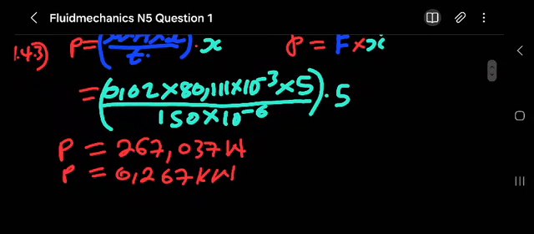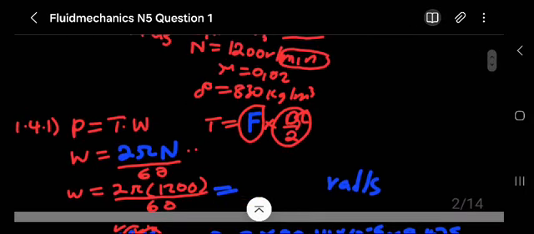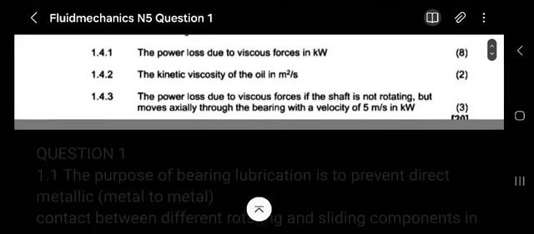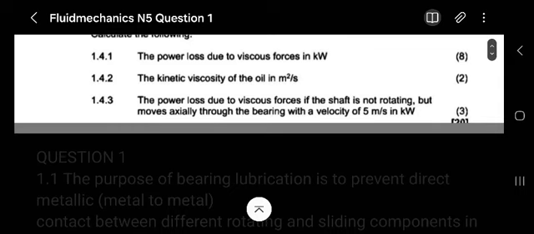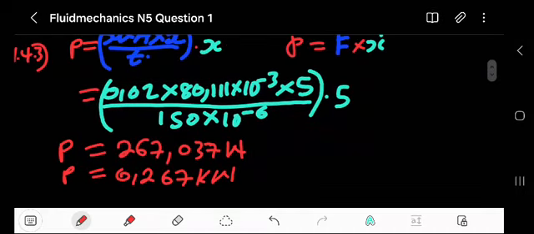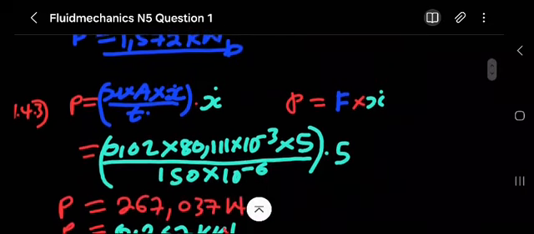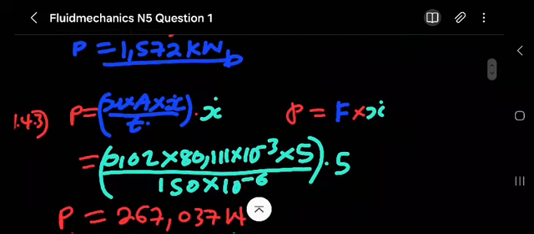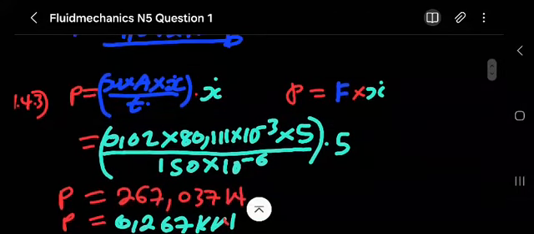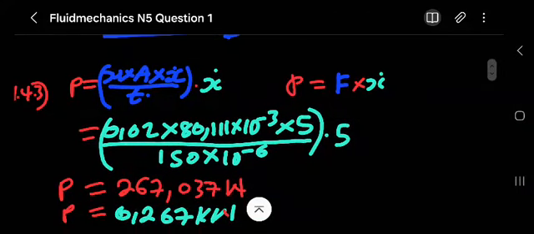This is what we have. They did not say calculate the change in power. Let's check the value of the first power.